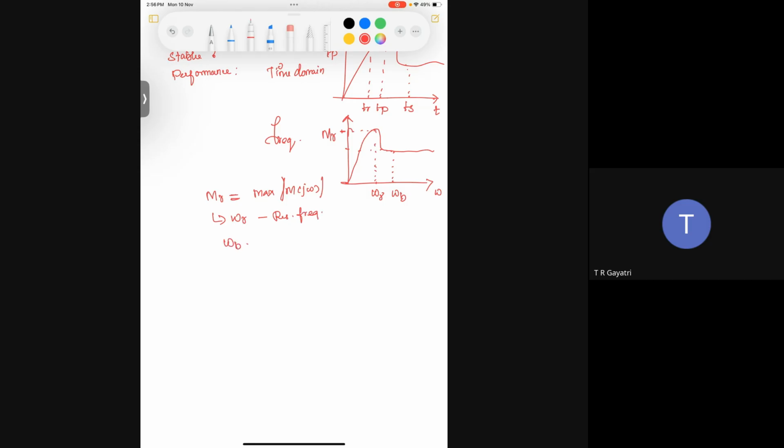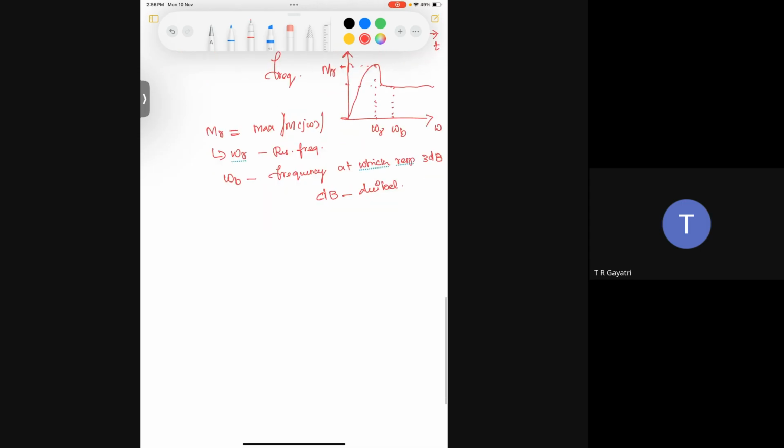And omega b is the bandwidth frequency, where the response goes to 3 decibels. In frequency response, often we define the system using decibels, dB. Instead of radians or any other frequency domain characteristics, we analyze things using decibels.